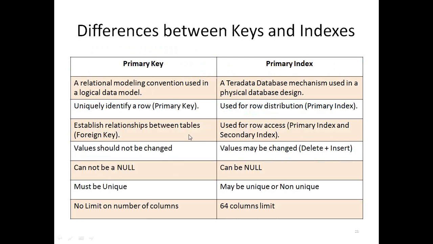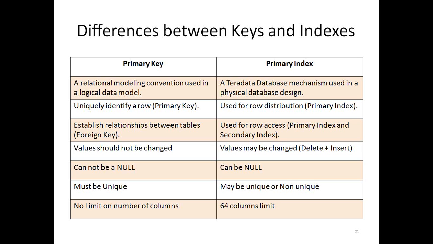This is a snapshot of the differences between a primary key and a primary index. Primary key is a relational modeling concept where, in the logical model, we mention the primary keys.